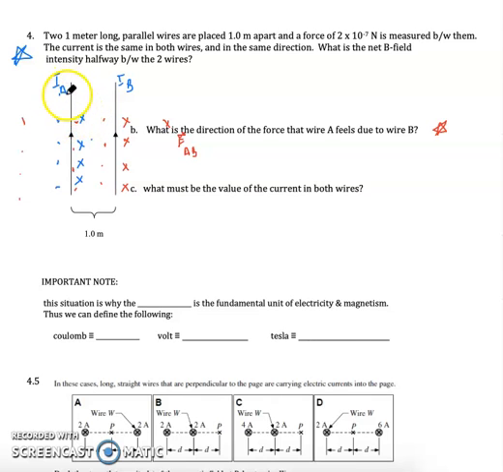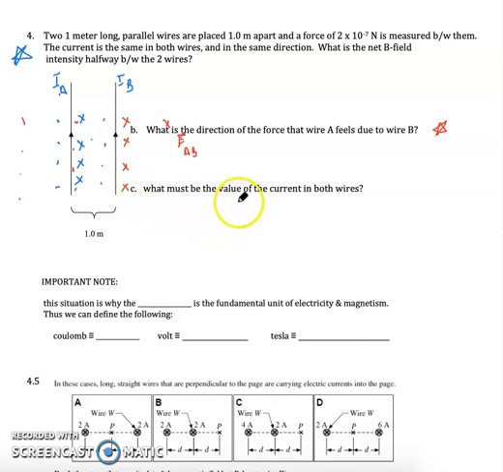Wire A cannot feel its own magnetic field, so it has to feel a field external to it. We could also argue that B feels a force due to A's magnetic field. If you look at both of those using the third right-hand rule, you can see that they're consistent with each other, and hopefully in hindsight it'll make sense why you get the answer that you do.